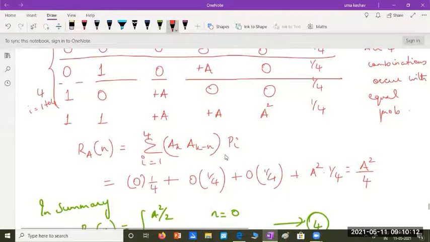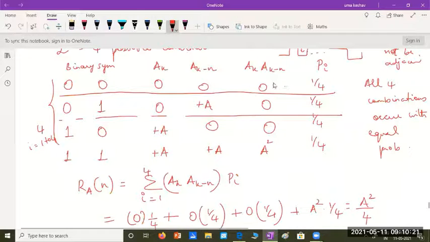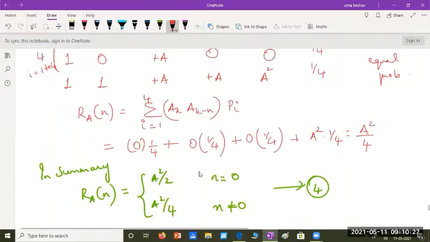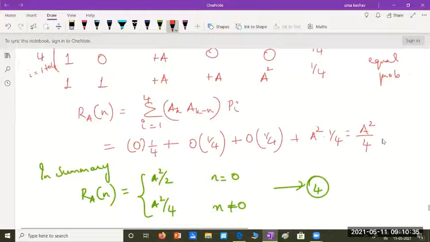Each product is multiplied by 1 by 4, that is AK into AK minus N into Pi. So the last two columns I should multiply: 0 into 1 by 4 three times, A square into 1 by 4 the last time. So the final answer would be A square by 4.